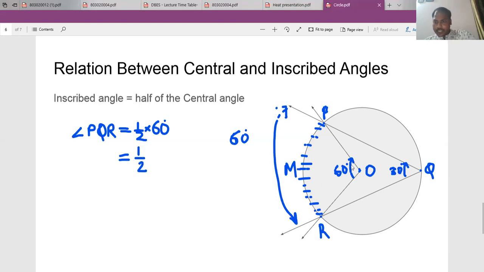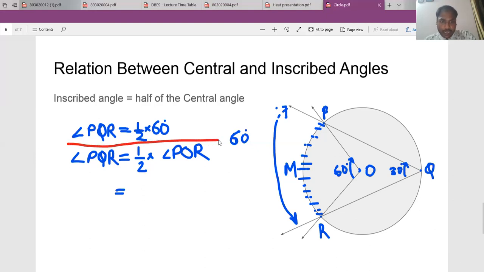The name of that angle is angle POR. So I can write at this place POR, so that becomes half of POR. So you can say that angle PQR is half of the angle POR.